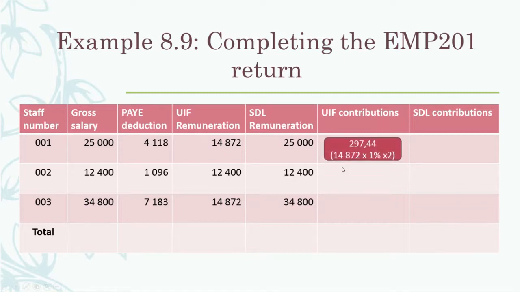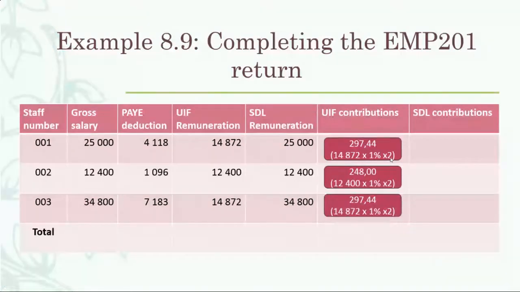So you would multiply it with 1%, which is the UIF rate, but because both your employer and your employee will contribute, you will multiply it with 2 to get to the correct UIF contributions, whereas the SDL, on the other hand, will only be the 1%.